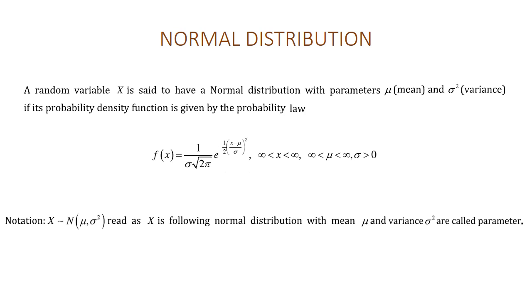We note that x follows a normal distribution with mean mu and variance sigma square, which are the parameters, and it is denoted as N of mu, sigma square.